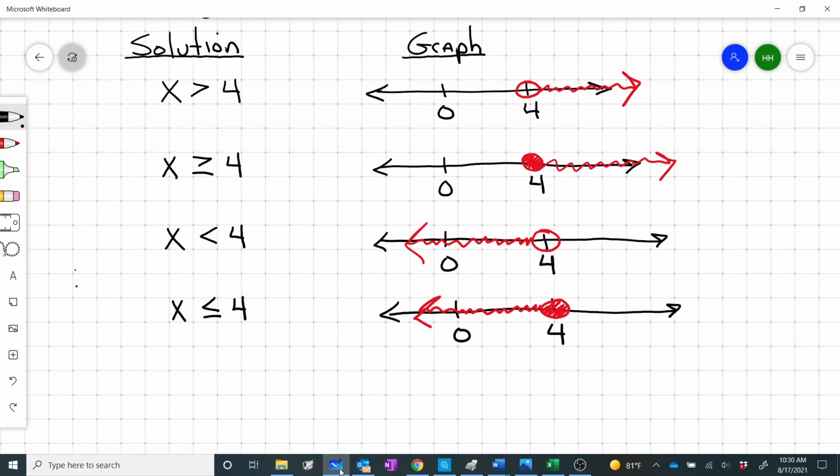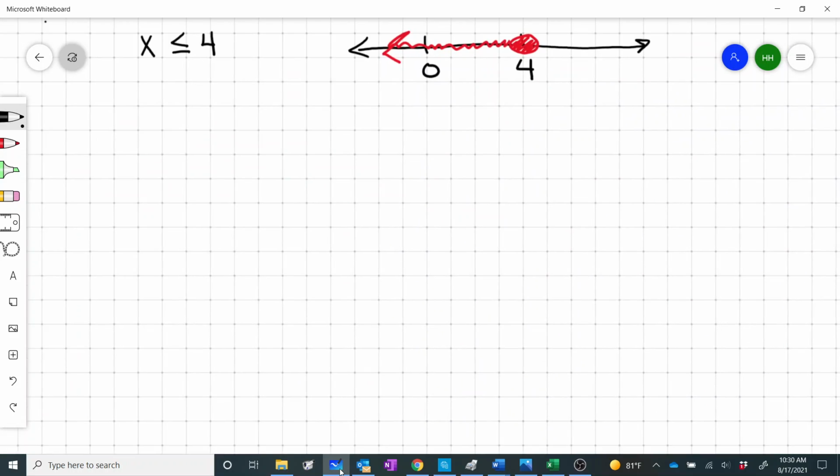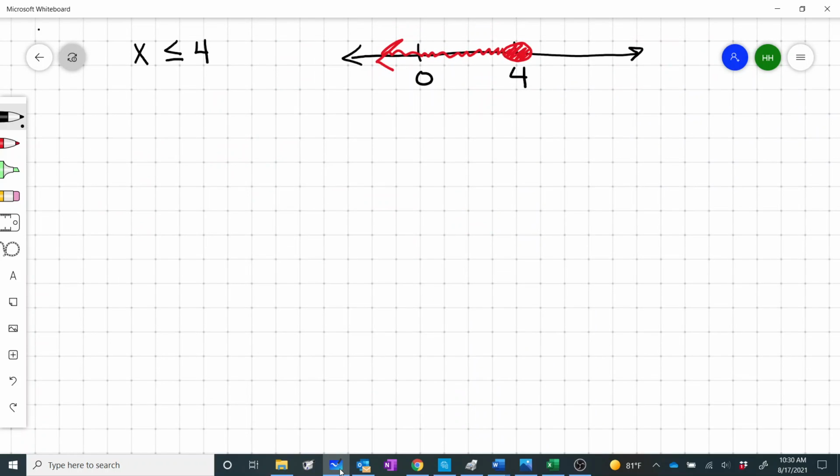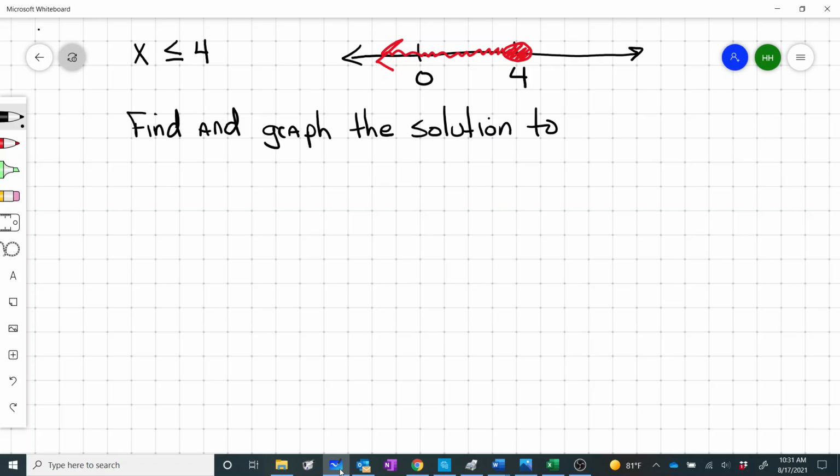So here we go. Directions: find and graph the solution to the inequality.